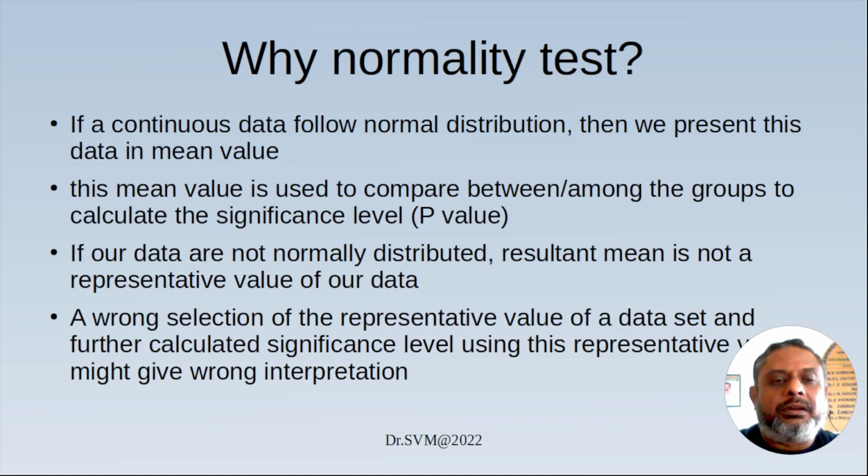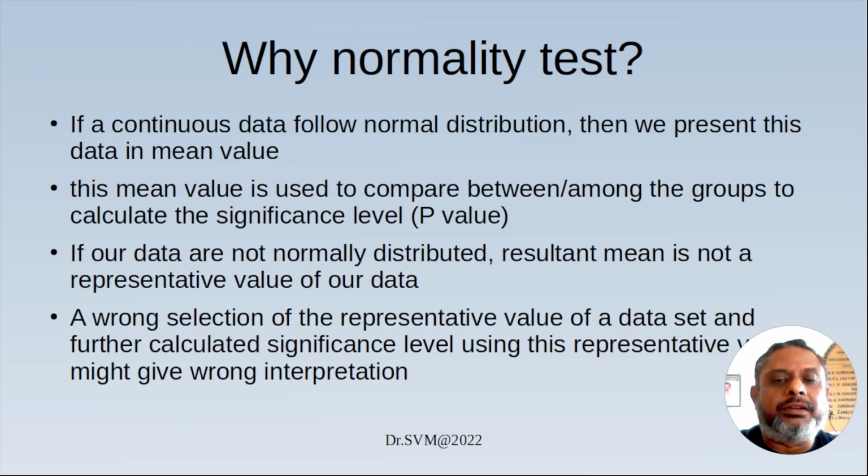If our data are not normally distributed, then the resultant mean is not representative of our data. So definitely we can't use these means for computing or comparing the two samples.